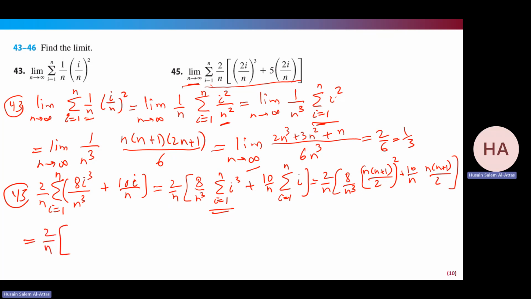What will be inside? I have 8. That will be n squared times n squared plus 2n plus 1, which is n plus 1 all square, over 2n cube. Actually, I can cancel 2. No, this is over 4. Don't rush it. Over 4n cubed. Okay, don't rush it.